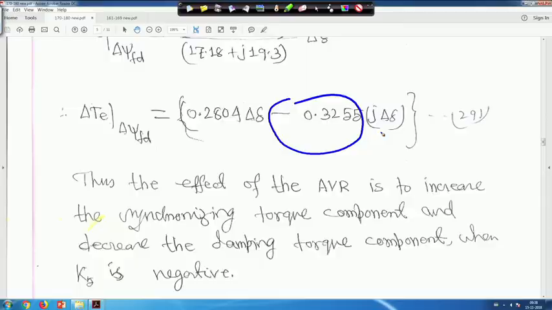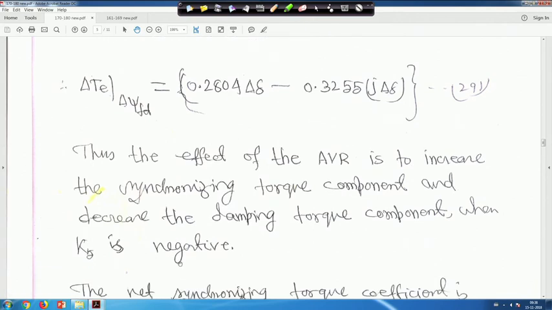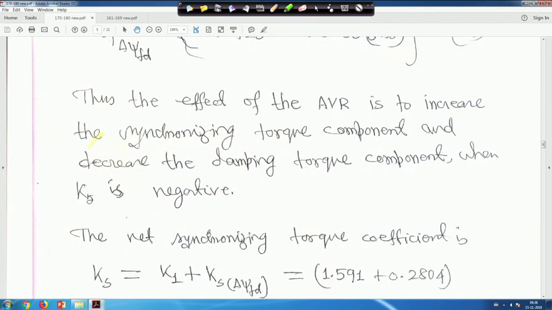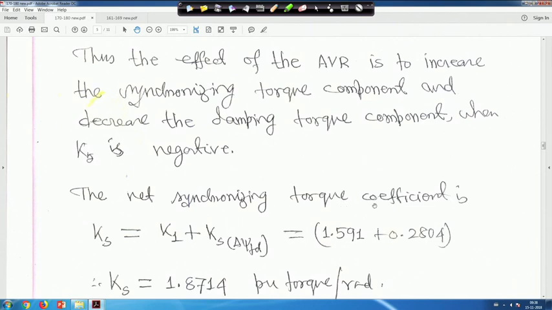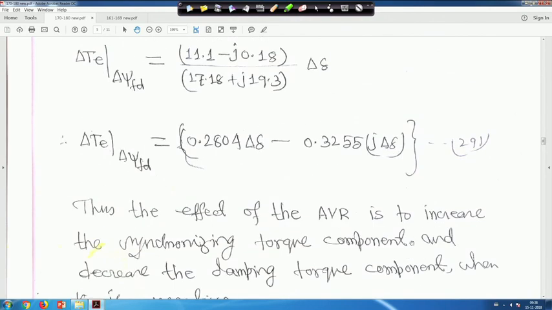I asked you in the previous lectures to put in the forum why it is so, and now you will know after this numerical. This 0.2804 delta delta is your synchronizing torque coefficient, which is positive, since we have taken K5 negative. Therefore, the net synchronizing torque coefficient is K1 plus Ks delta psi FD.